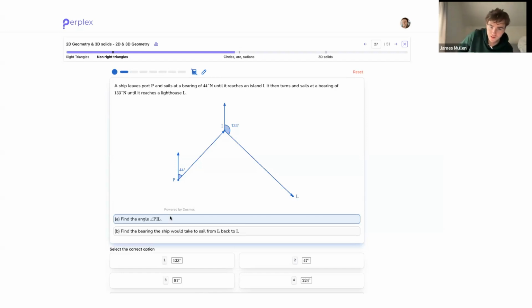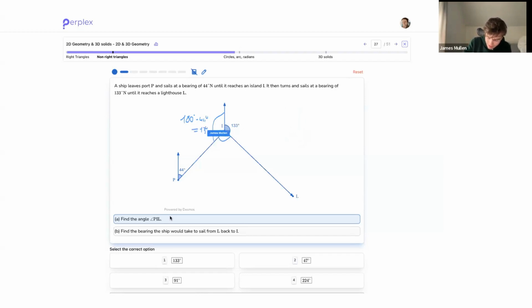Okay, let's go over this. We're trying to find, in the first part, the angle PIL, which is this angle here. Okay, I'm going to start by finding this angle by recognizing that I have two parallel lines and I have an angle of 44 degrees here, which means that the angle here is 180 degrees minus 44 degrees, and that is equal to 136 degrees.